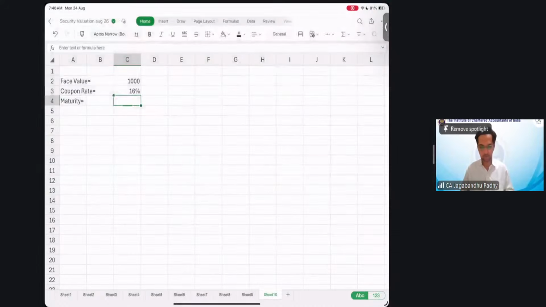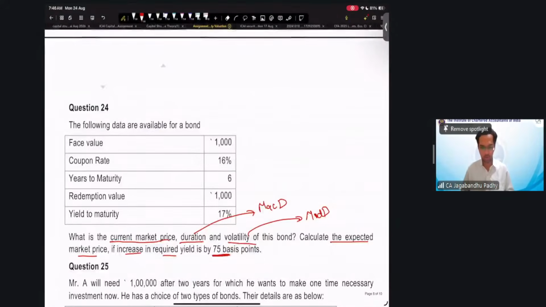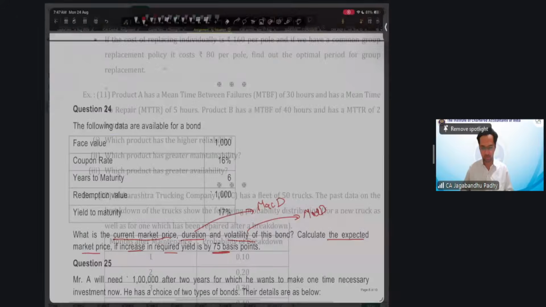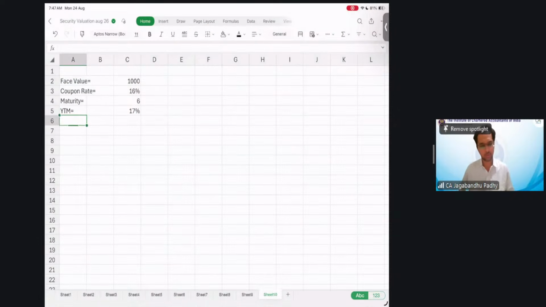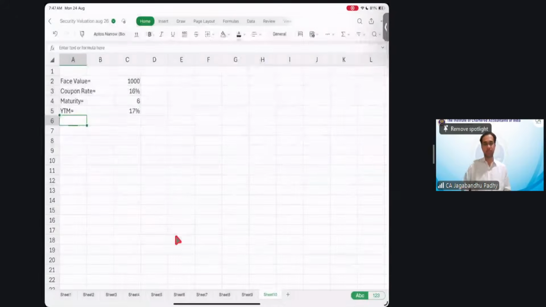Years to maturity is 6. And we have the redemption value and YTM. Yield to maturity is 17%. Of course, maturing at face value itself. You have to get the duration, volatility, and the market price.